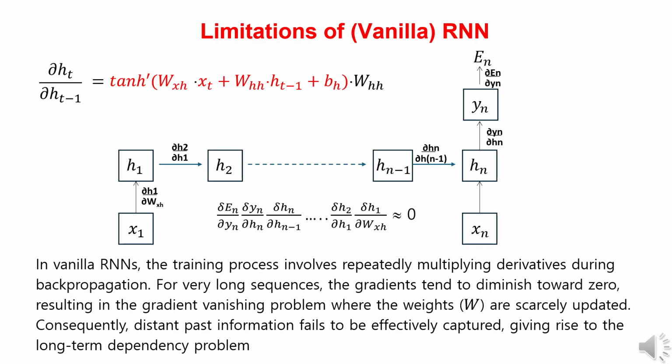Therefore, in vanilla RNNs, when the sequence becomes very long, the repeated multiplication of derivatives in the hidden layers causes them to converge towards 0, leading to the gradient vanishing problem. Consequently, the weights are barely updated, and information from the distant past fails to influence the current learning, causing the long-term dependency problem.